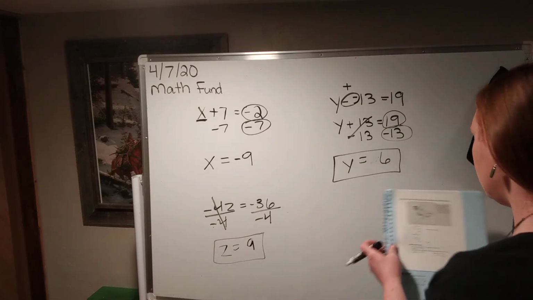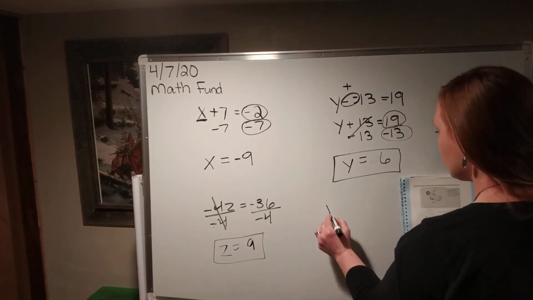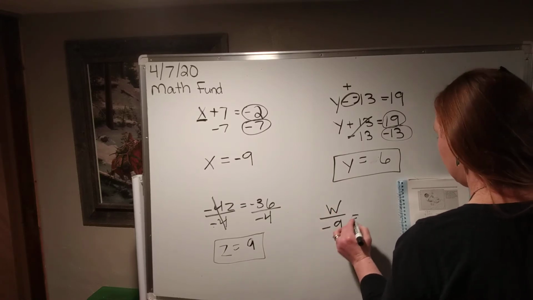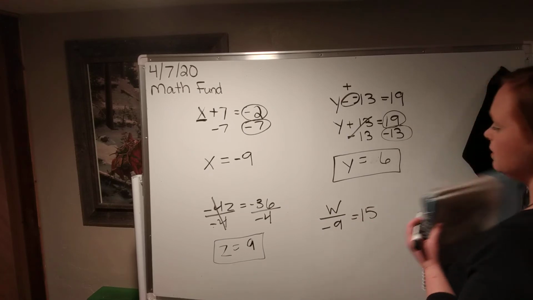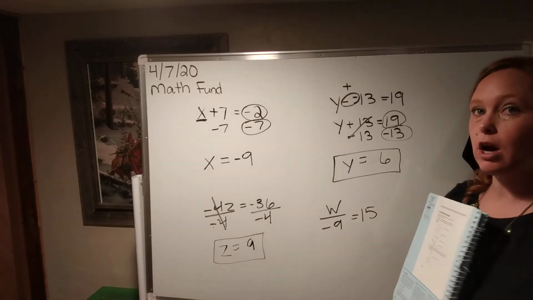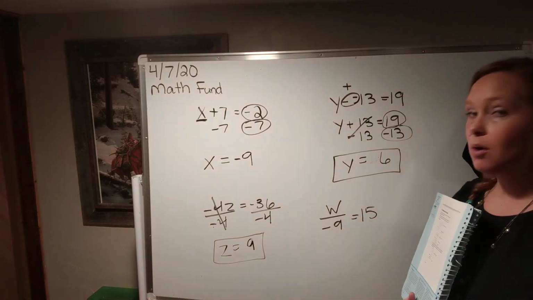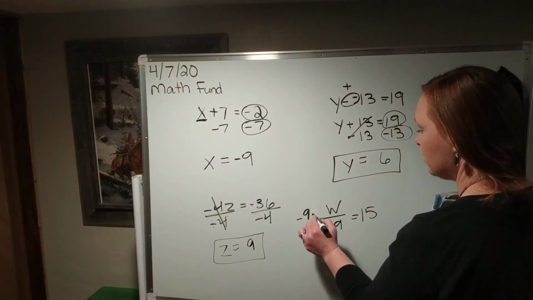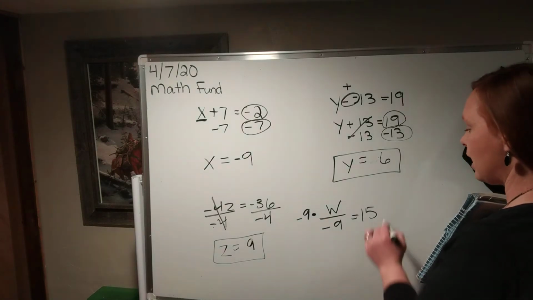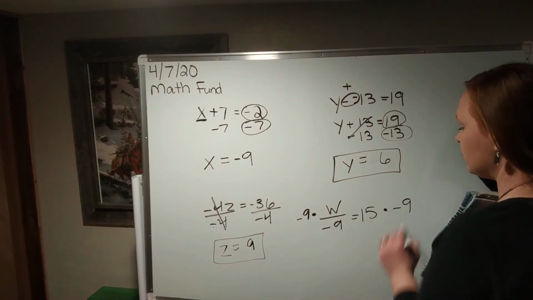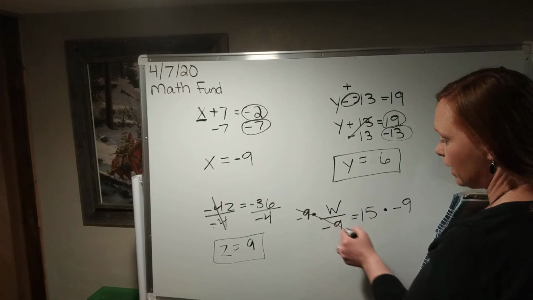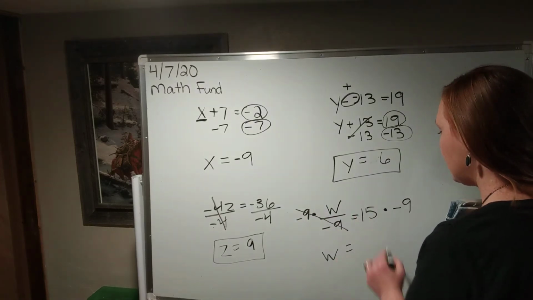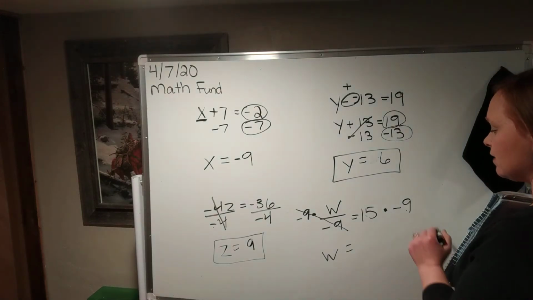Okay, example D. w divided by negative 9 equals 15. In this case, we have a division problem. Well, what's the opposite of division? Multiplication. So I'm going to take the negative 9 that I want to get rid of, and I'm going to multiply both sides by negative 9. These will cancel. What's left? Just w. And then I have 15 times negative 9.